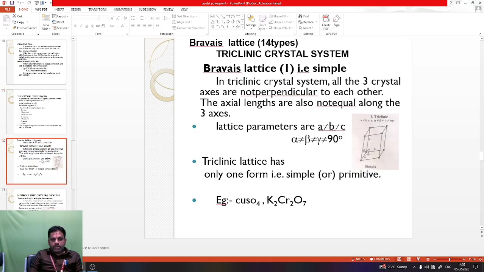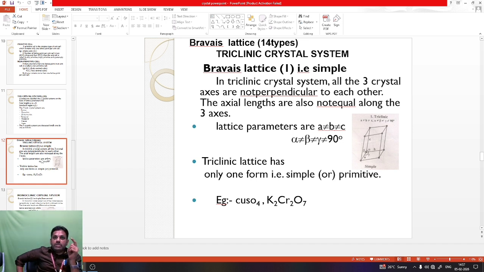Simple means the atoms are only at the corners. Body centered means that apart from the corner atoms there is a body centered atom inside the crystal system.